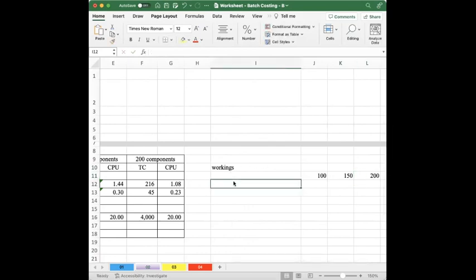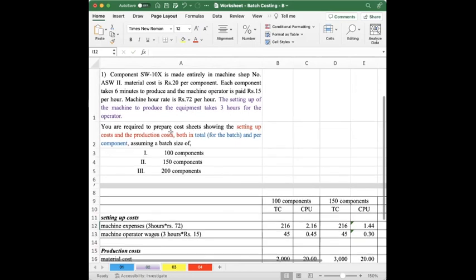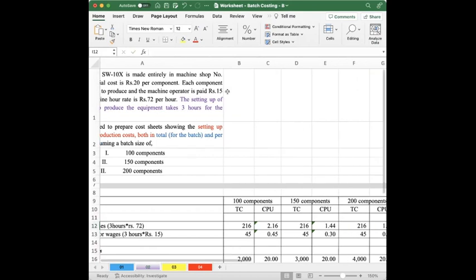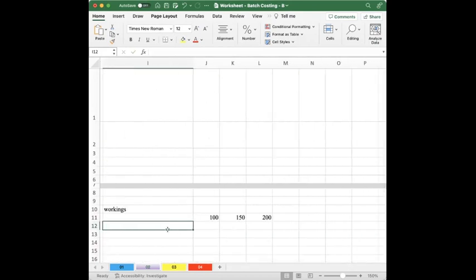What does it say in the question? Each component takes 6 minutes to produce, right? Each component. Therefore, 6 minutes into number of components. That is how we can find out the time consumed by this whole batch, right?